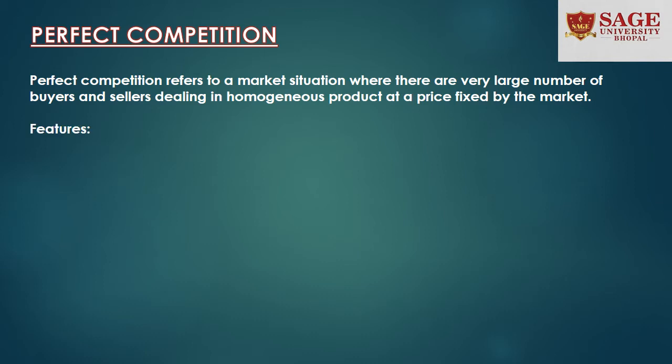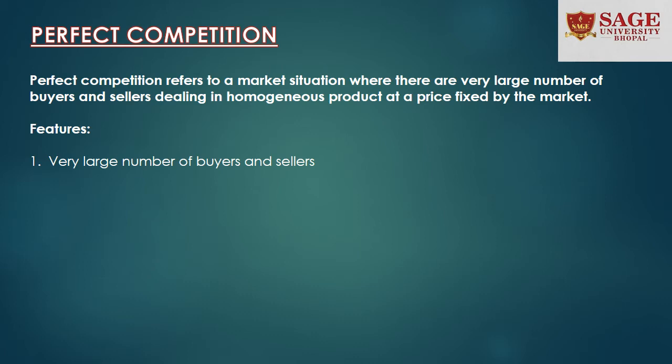The features of perfect competition are: first, very large number of buyers and sellers. In a perfectly competitive market, there are very large number of buyers and sellers. The implication of this is that an individual seller cannot influence the market price, as the sellers are so large in number that the share of each seller is insignificant in the total supply.